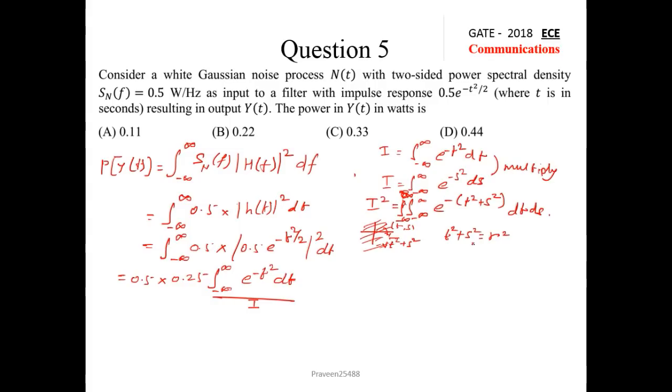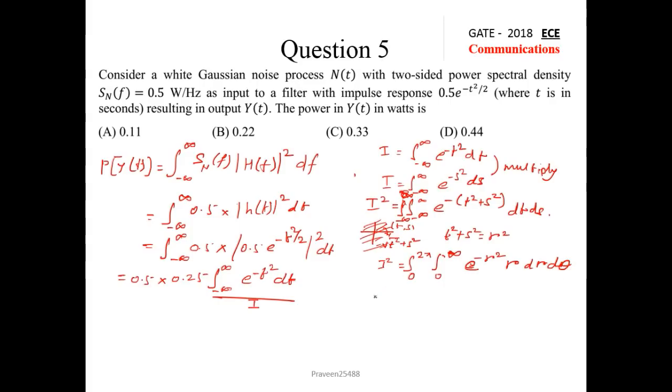We are simply converting from Cartesian form to polar form. So here our I square would be the integral from 0 to 2 pi, 0 to infinity of e to the power minus r square into r dr d theta.